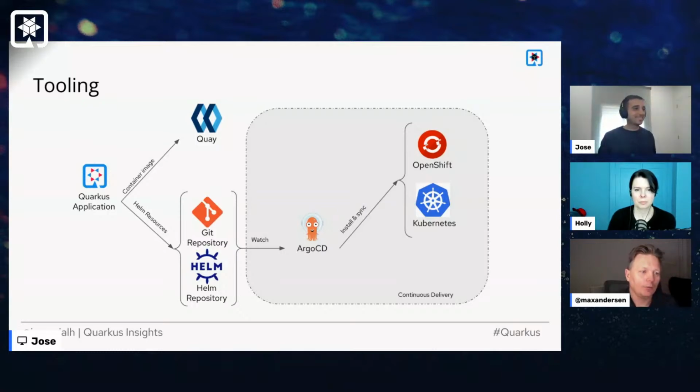And just one thing, Jose, you didn't say it yourself, so I'll say it: you also worked on some of the Decorate work that we've done to make deployment easier for Quarkus.